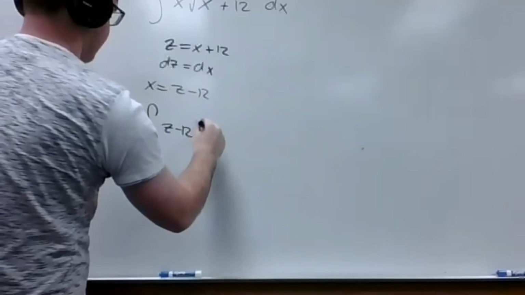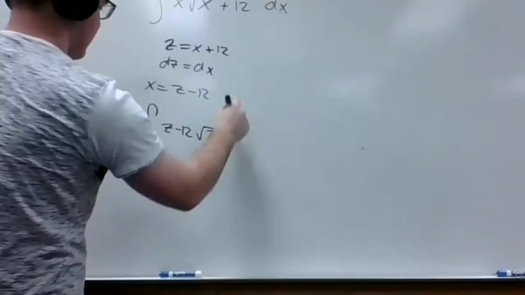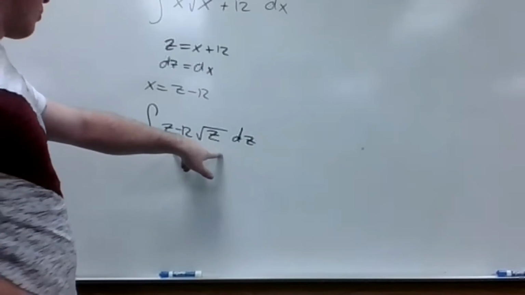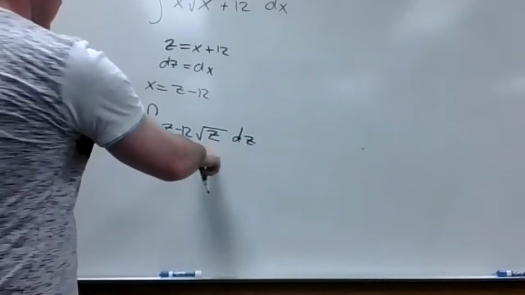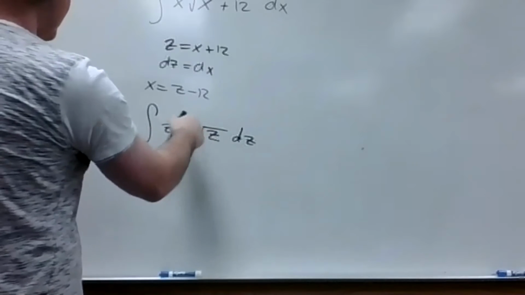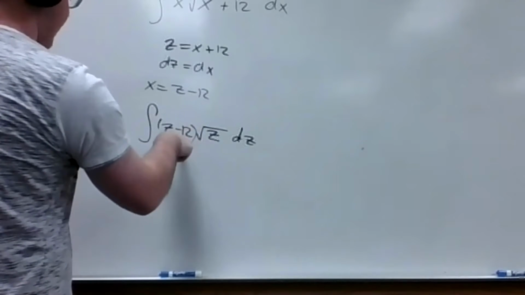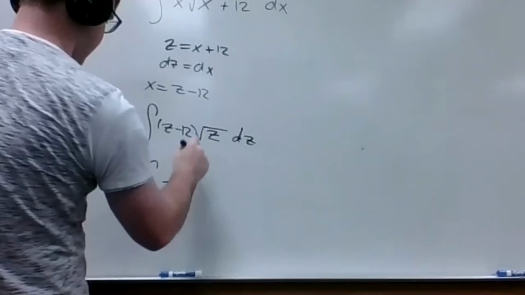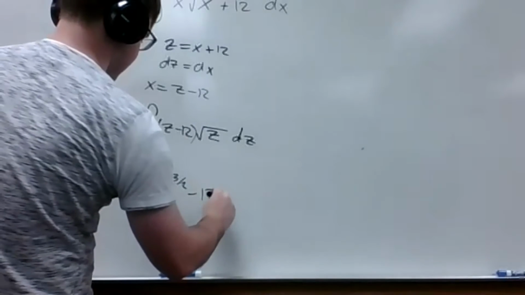So we're going to end up with z minus 12 times z dz. This becomes a much more manageable problem because we can now multiply this into our z values. So then we have the integral of z to the 3/2 minus 12z to the 1/2 dz.